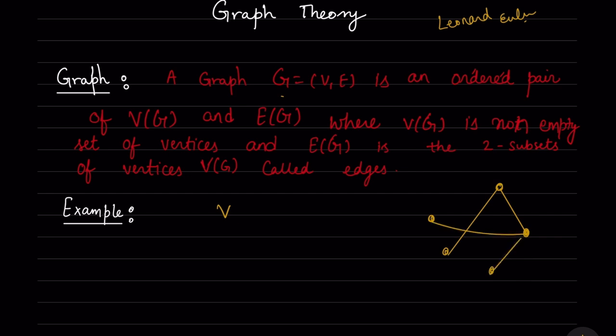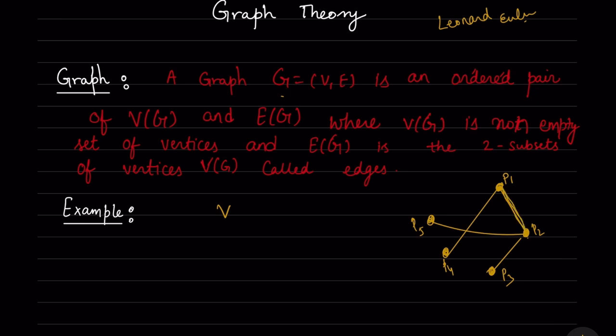How can we see this graph in real life? Let us suppose these are persons: p1, p2, p3, p4 and p5. p1 is sharing information with p2, and p2 is also sharing information with p1, so there is a relation between them.